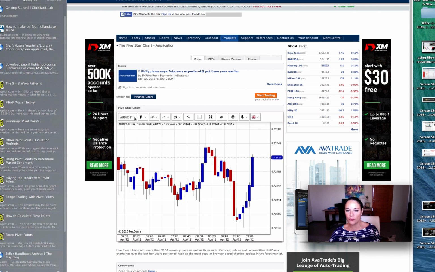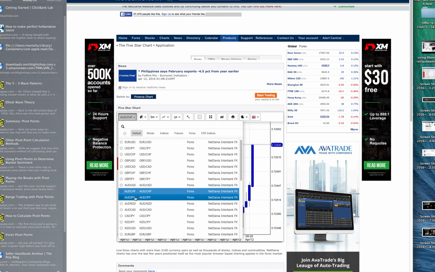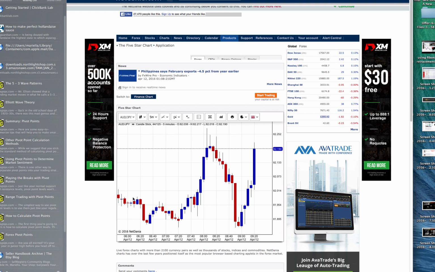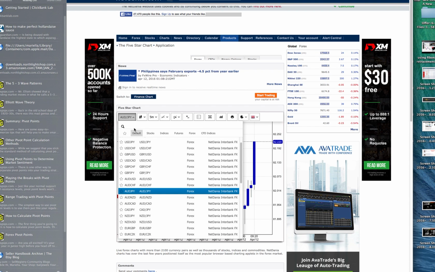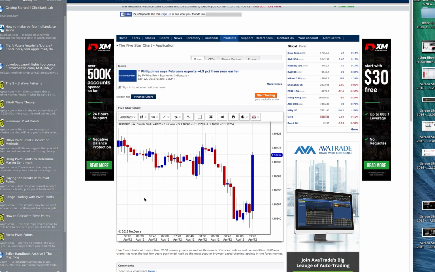Let's have a look at a few more currency pairs which will relate to the Australian and the currencies tied with it. You see, again, with Australian JPY, we have the same price hike going up, and Australian New Zealand, same. We have a very big price hike everywhere we look.